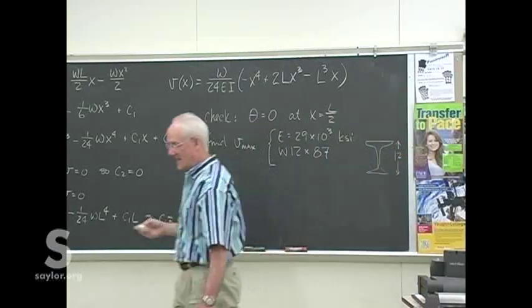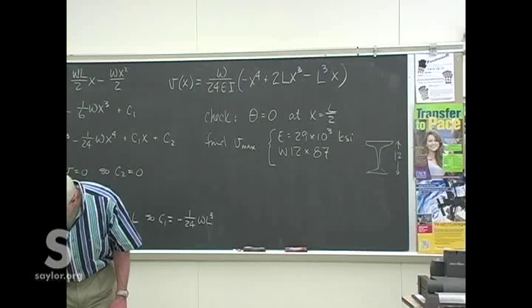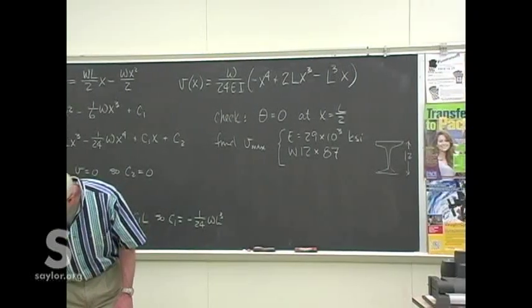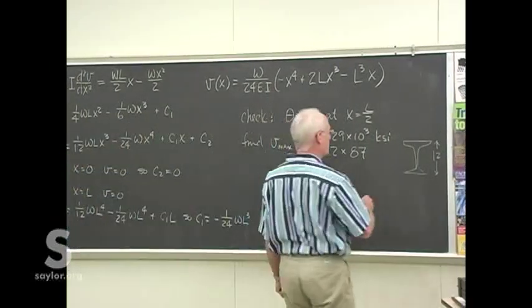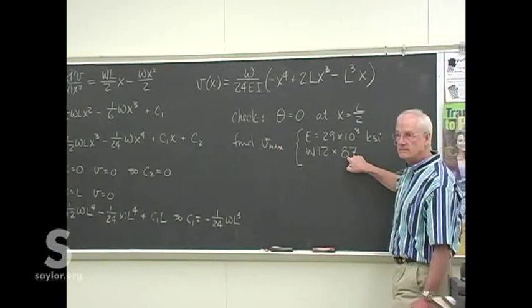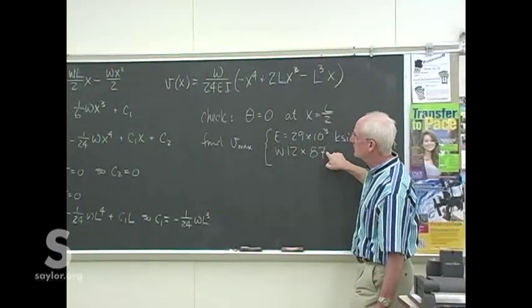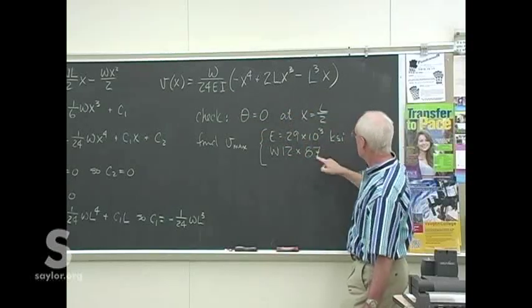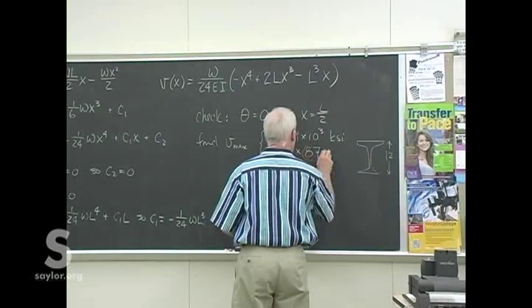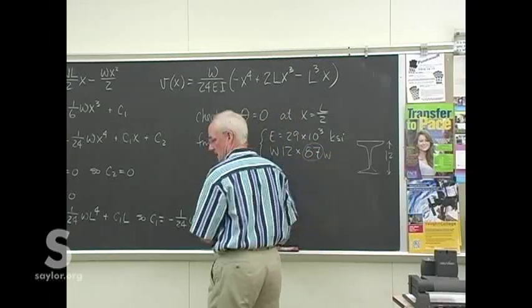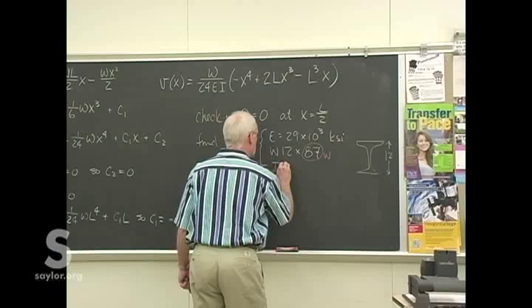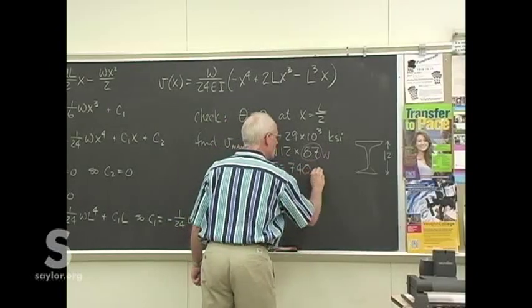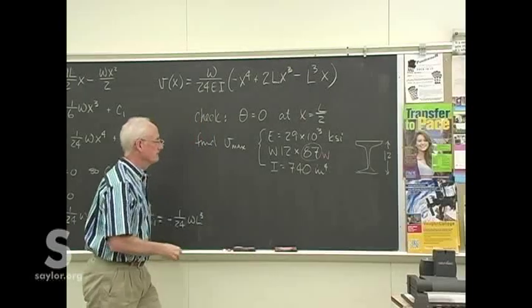You get that because when you see the 12 on there, you go across and you see a whole group of those have a number of about 12 for what they call the depth D. And then the 87 is the linear weight per foot. In our problem that we just did, that's W. And so for that beam, we also need the moment of inertia. It's 740 inches to the fourth.